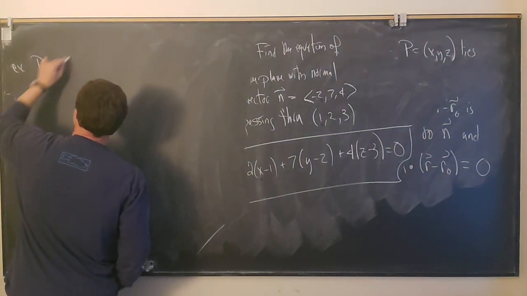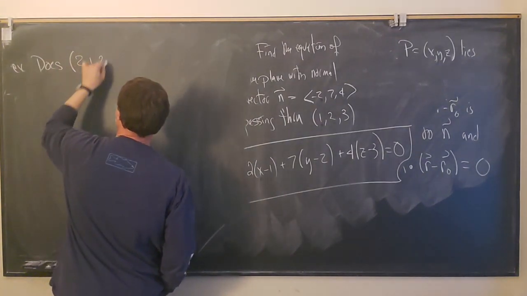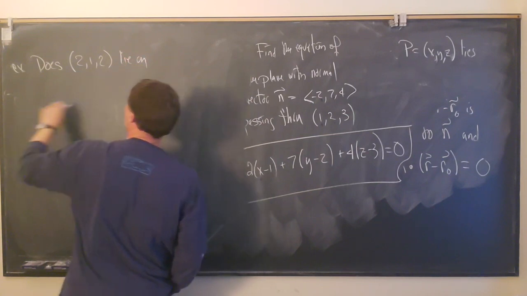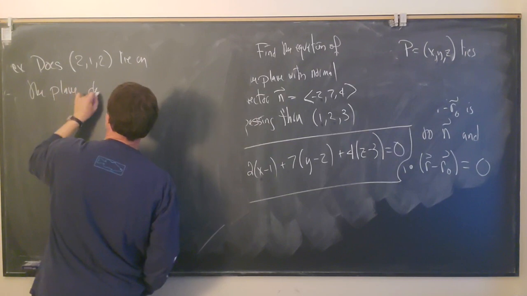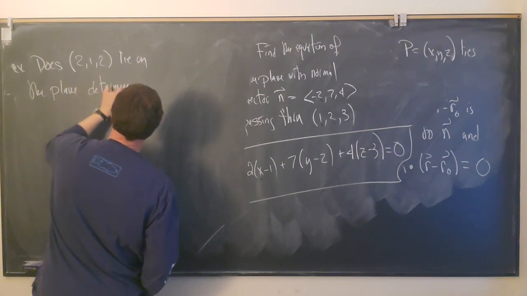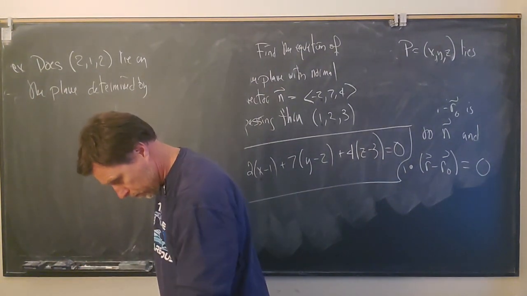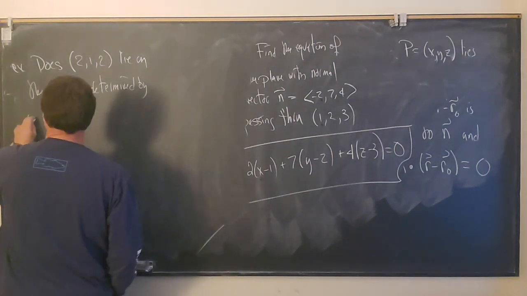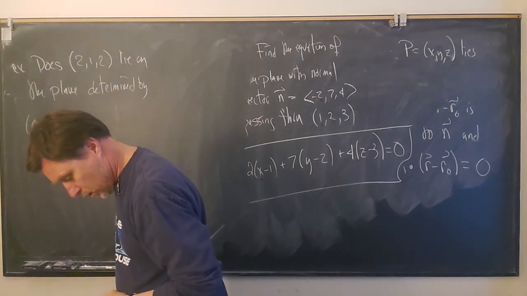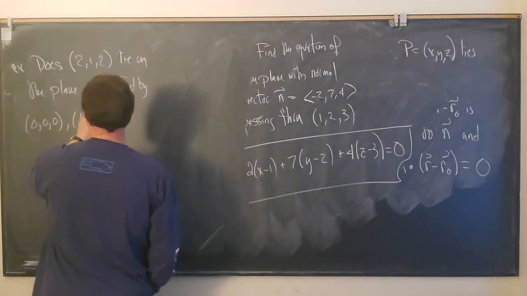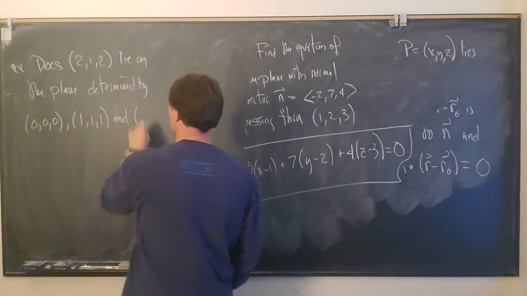Does the point (2, 1, 2) lie on the plane determined by (0, 0, 0), (1, 1, 1), and (-1, 2, 0)?